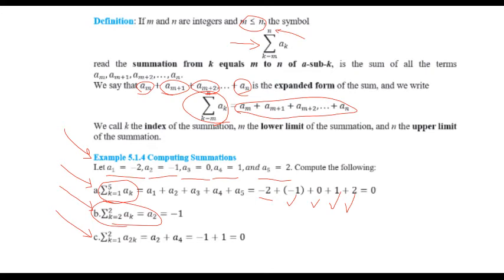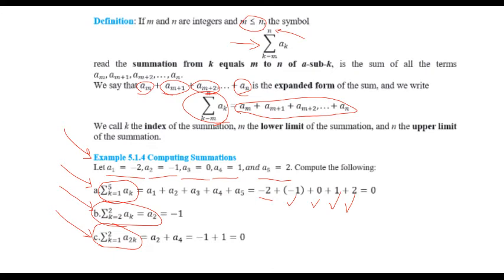In the last case, we have the summation from k equal to 1 to 2 of a sub 2k. So 2 times k is the subscript, or index, of our sequence.